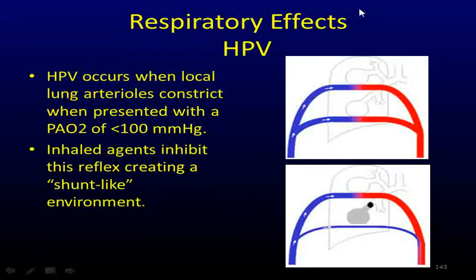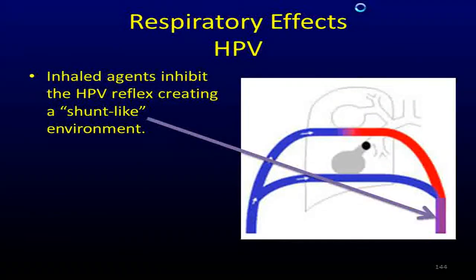And so when a gas hits those pulmonary vessels, what do they do? They dilate. So now you can't shunt that blood. And now you're staying unoxygenated because you're passing through this dead alveolus. It's not getting any ventilation.